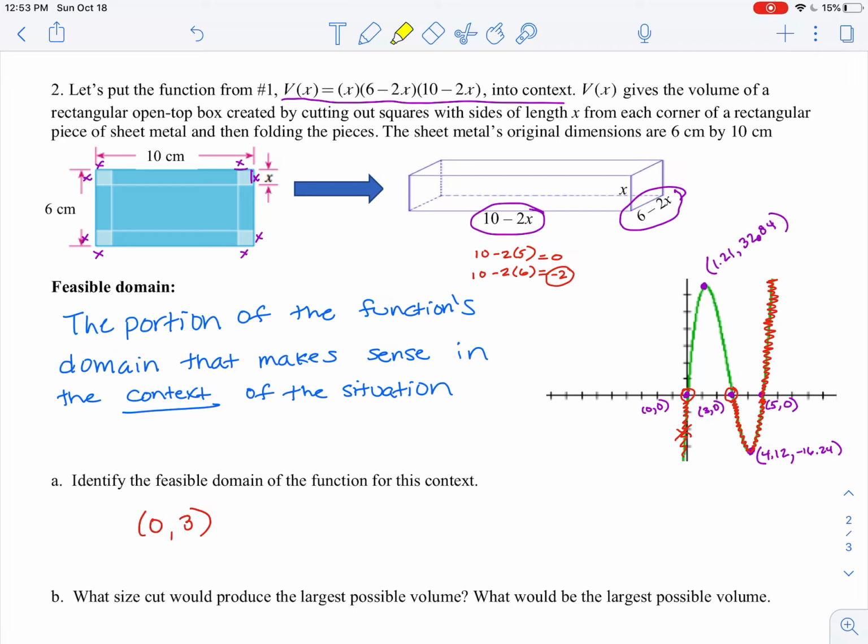So my feasible domain is only from 0 to 3. And this is because we can't have a negative dimension of our box, right? It doesn't make sense for length, width, or height to be negative, or a negative volume. So we had to just reason through which part of this function makes sense.